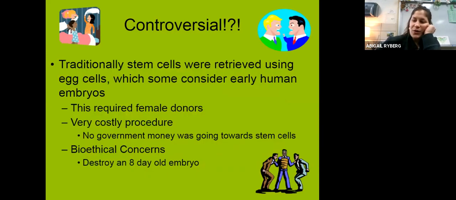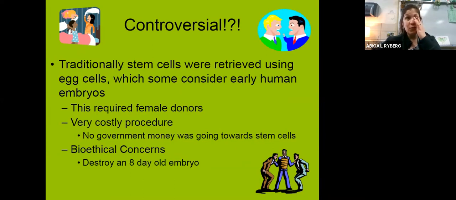I think it's important to notice that this can be a controversial topic. Traditionally, stem cells were retrieved using egg cells, so human eggs. There were a lot of, mostly religious groups all across the country, but also globally, that are against human stem cell research because of the human eggs.